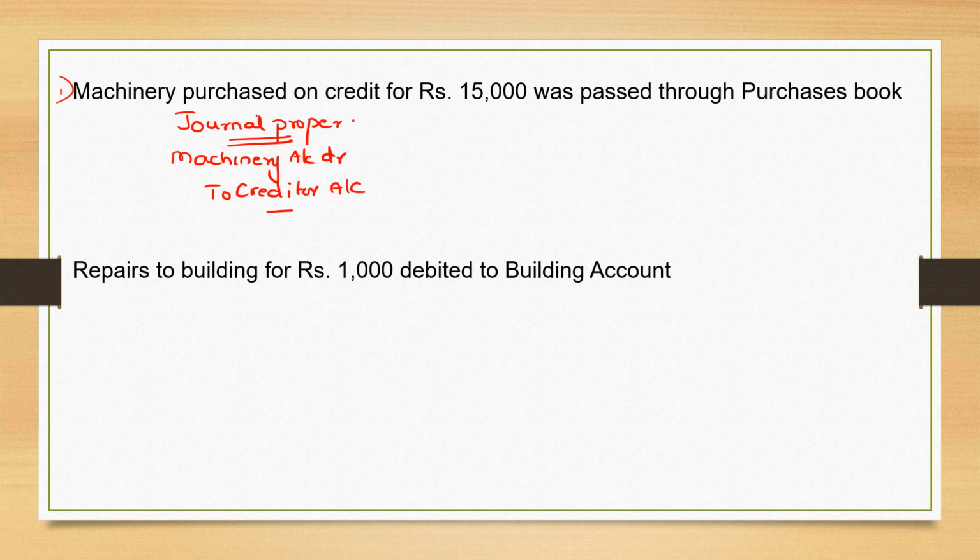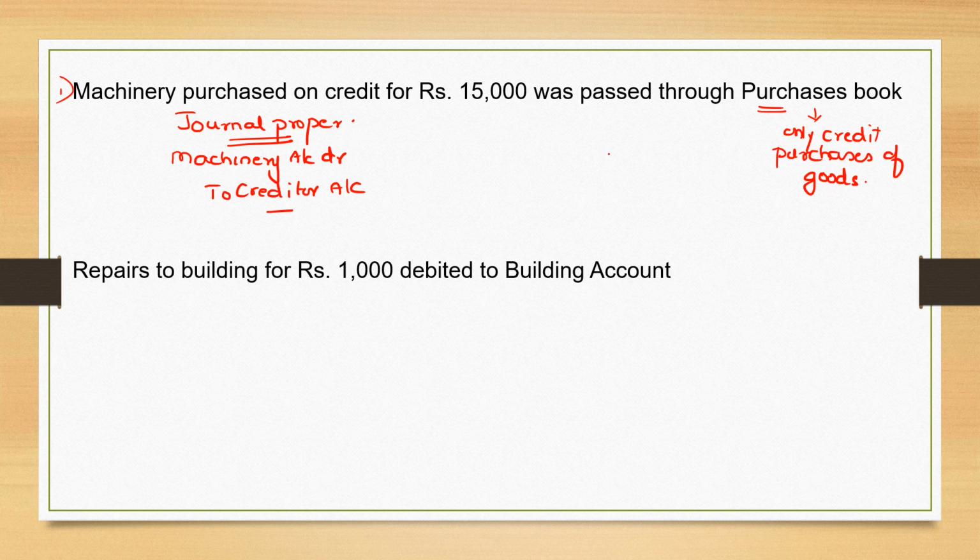But what has happened? It has been passed through purchases book. What should go into purchases book? Only the credit purchases of goods that the business deals in. This machinery is an asset, not a part of goods.